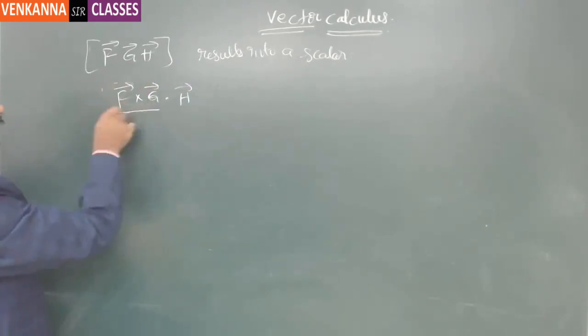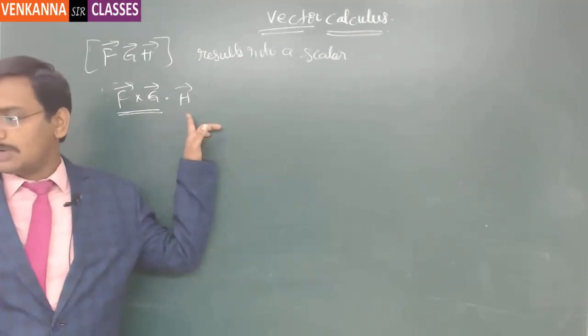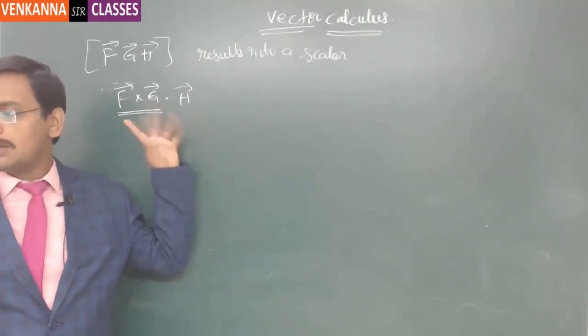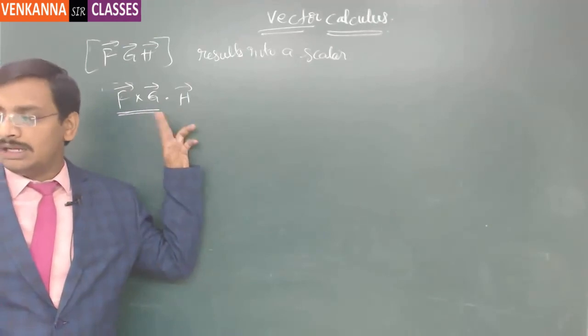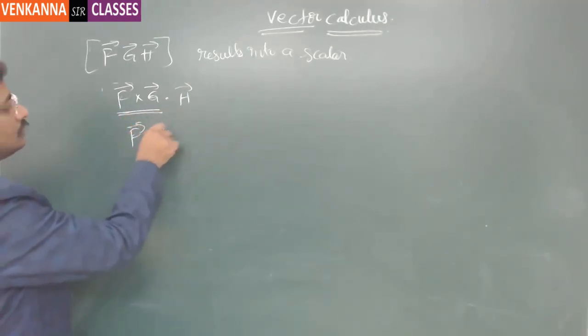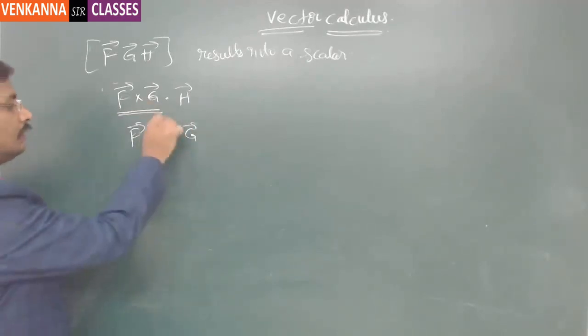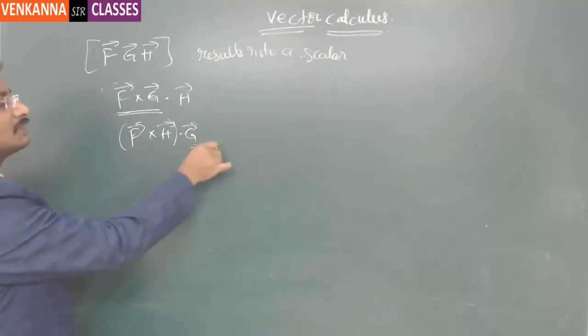Now here, F cross G you need to do first, then you can come back for the H. The order doesn't make any difference; you can take any order. Even if you take F cross H dot G, it will not make any difference. But this needs to be done first. Why?